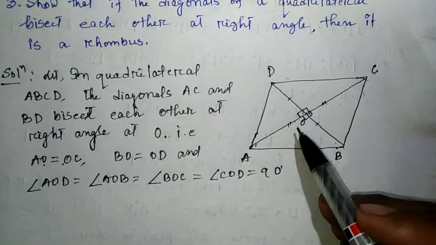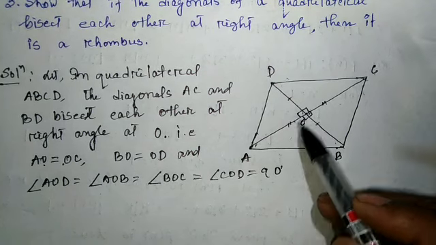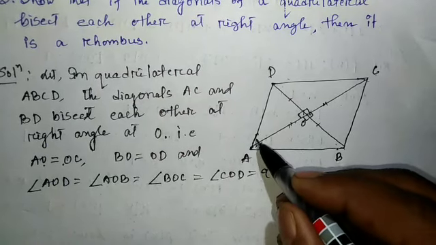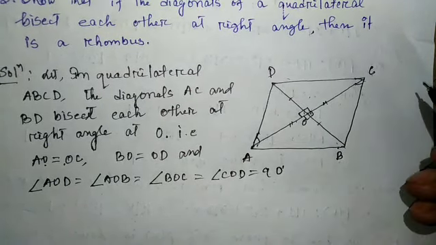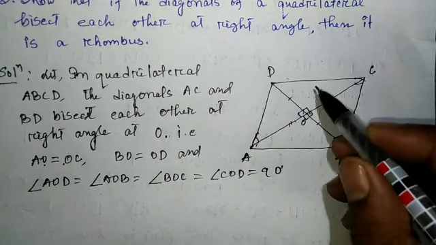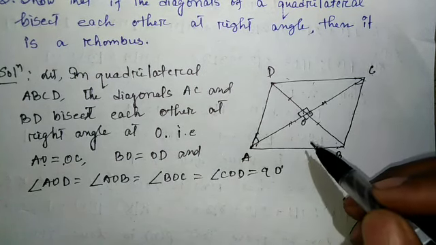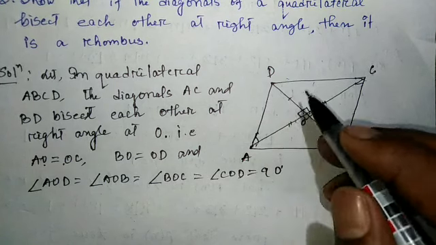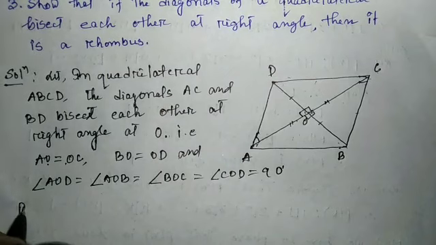To prove parallelogram, either we can take these two triangles or these two triangles. If we can show that this angle and this angle are equal, then these two sides will be parallel. In the same way we can prove that these two sides are also parallel. So first of all let's take these two triangles. Prove.